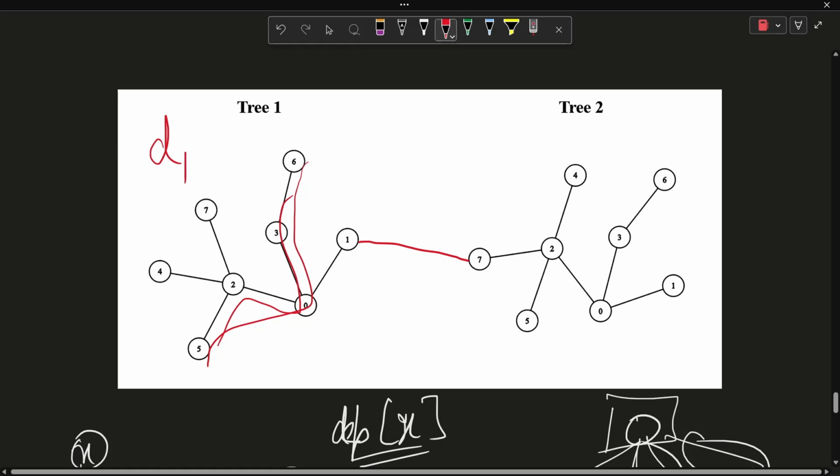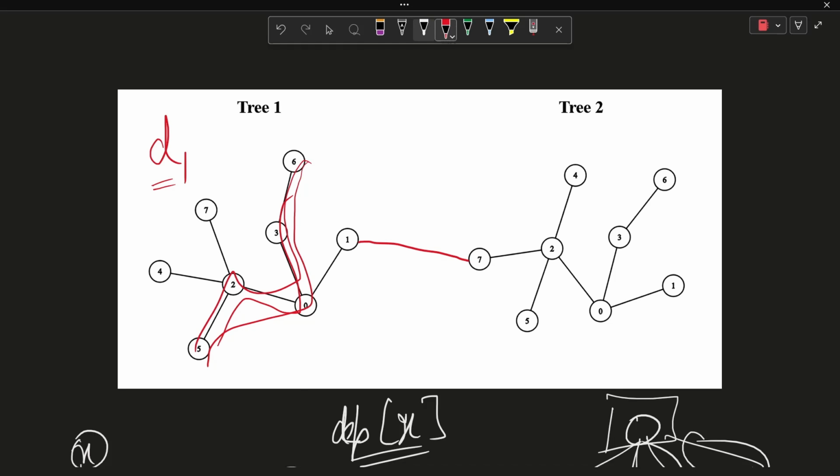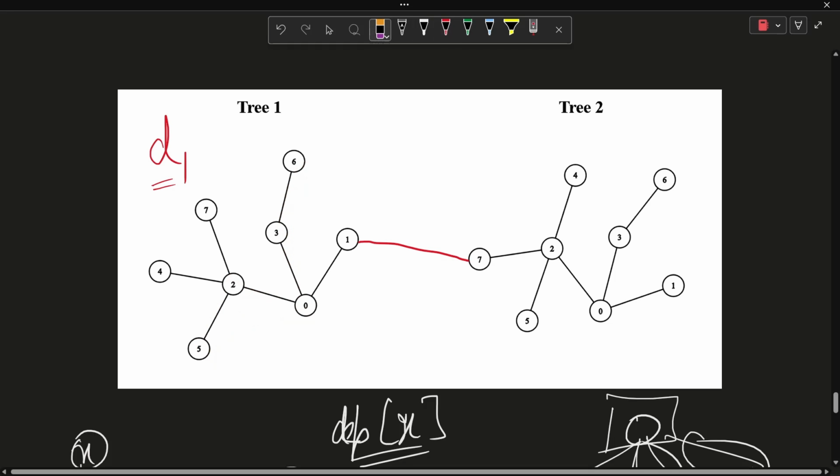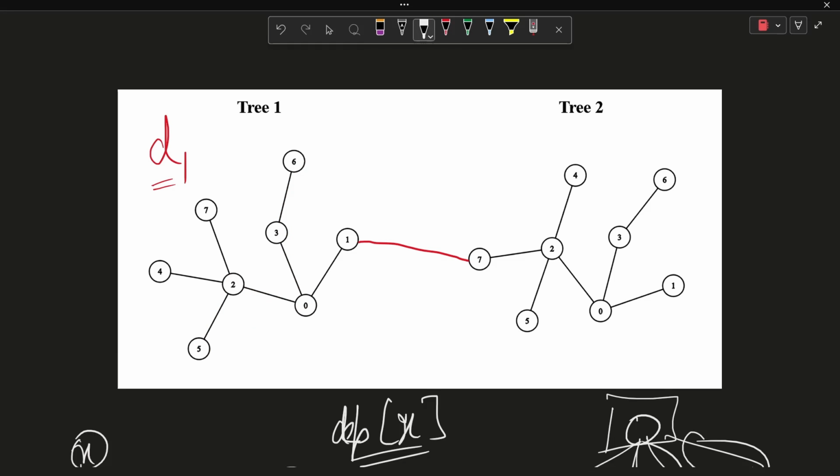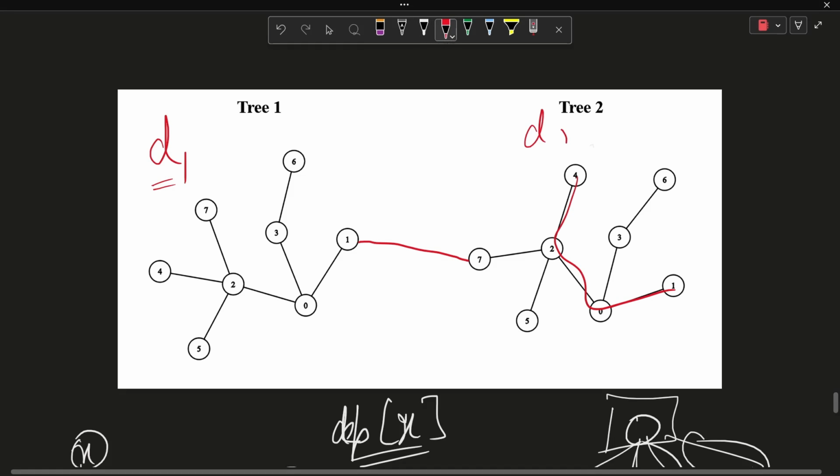If even after connecting the trees this is still the longest path, then it would be D1 only. Or, if this is not the case, maybe the longest path in the second tree would be our diameter. So it can be D2.